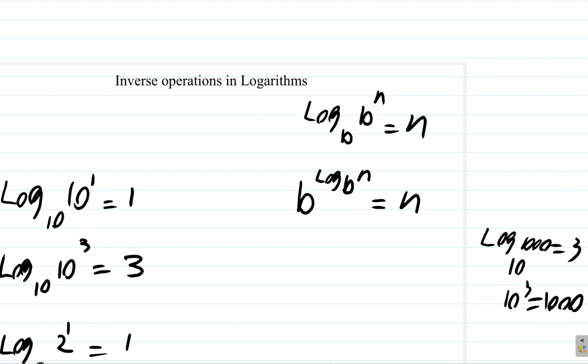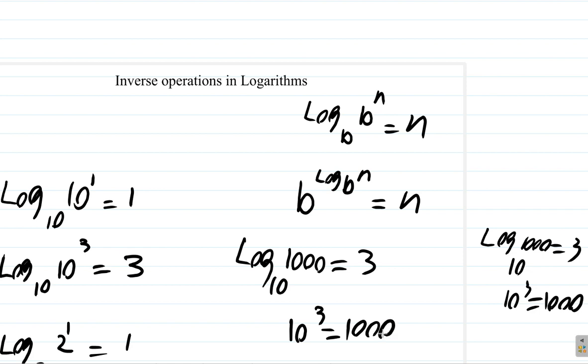So here, if you say the log of 1000 is equal to 3, the base is 10. If you raise 10 to the 3, you get 1000.